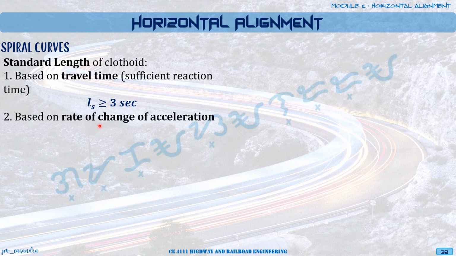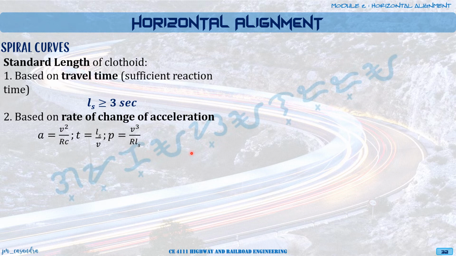Another one is based on the rate of change of acceleration, or what we call the jerk. Given that the acceleration of the vehicle along a curve is given by v squared over Rc, and that time is equal to Ls over v, combining a divided by t, which is the rate of change in acceleration, we now get t is equal to v cubed divided by Rc Ls.